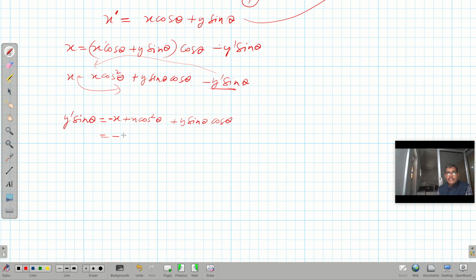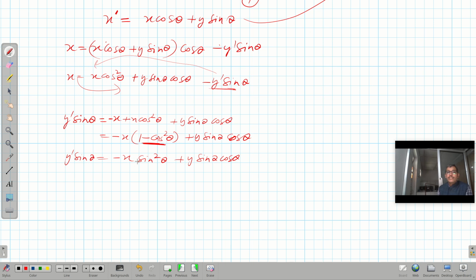So let us take x common, so inside it is 1 minus cos square theta plus y sine theta cos of theta, but 1 minus cos square theta is sine square theta, so I can write it is minus x sine square theta plus y sine theta and cos of theta.